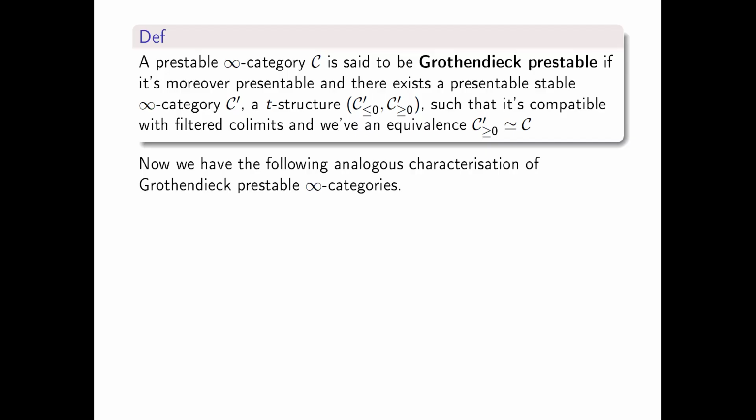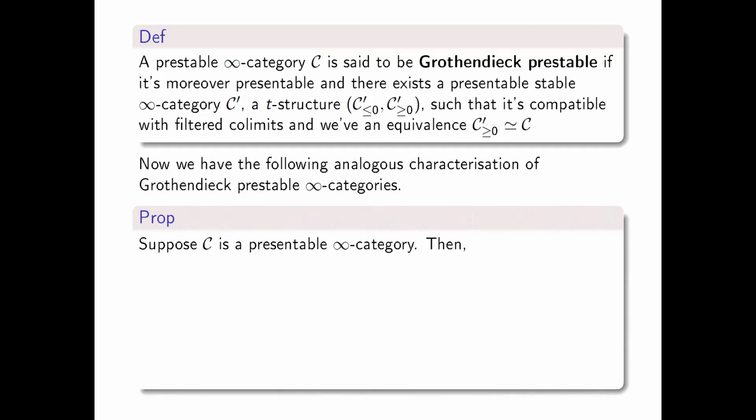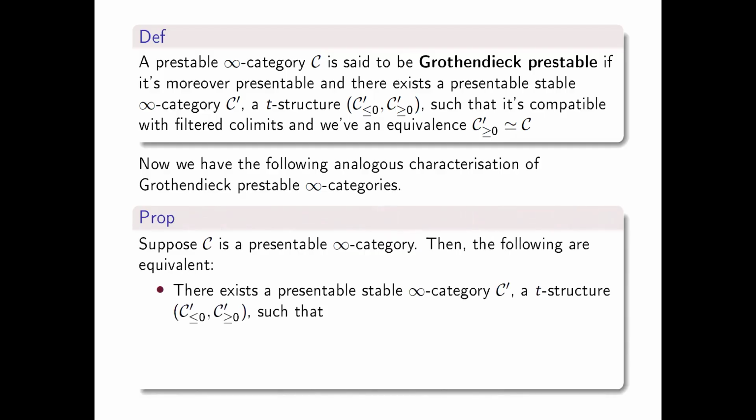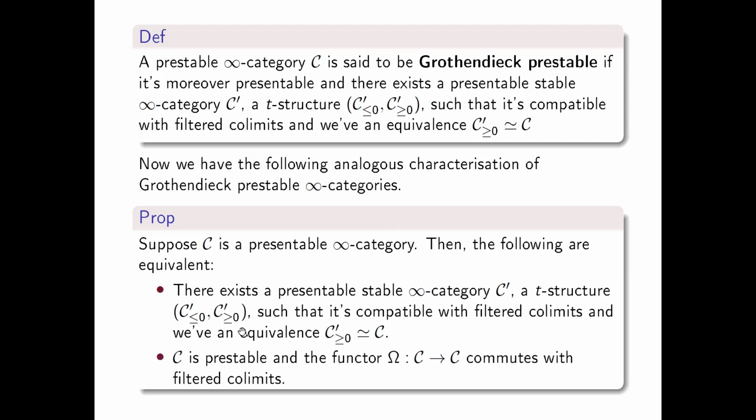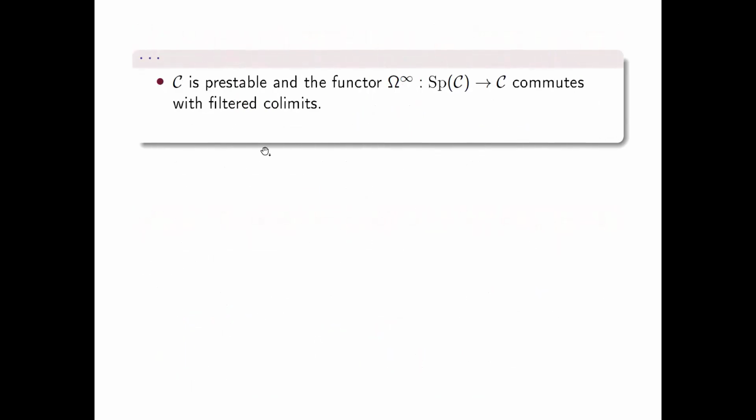These are analogous characterizations of compactly presentable infinity categories. You start off with a presentable infinity category, then the following are equivalent. One is the thing in the definition: you have a presentable stable infinity category C dash with a T structure compatible with filtered colimits, and C dash greater than or equal to 0 is the same as C. Another is that C is pre-stable and the functor loop from C to C commutes with filtered colimits.